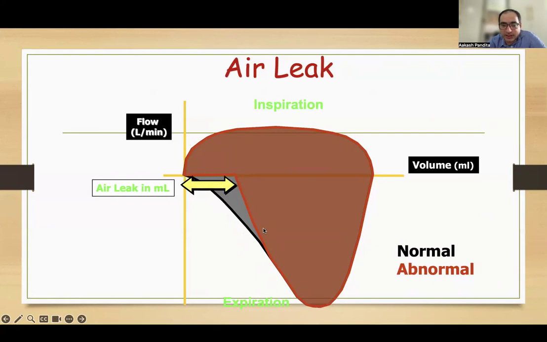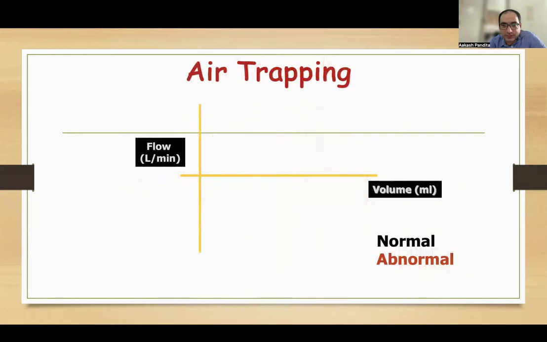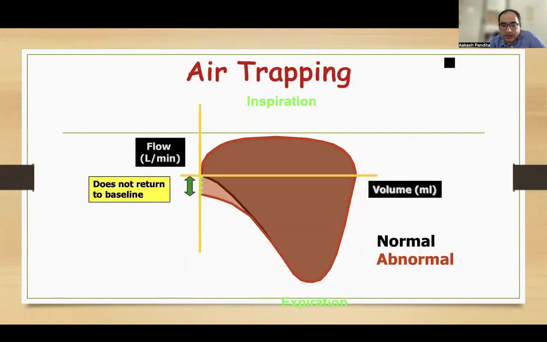But because of the air leak, it ceases prematurely. And this again tells me that there is a leak in the circuit. Similarly, if there is air trapping, it will come to the baseline, but it will never come to zero. This tells me that there is air trapping and I need to give adequate expiratory time, or there is auto PEEP.